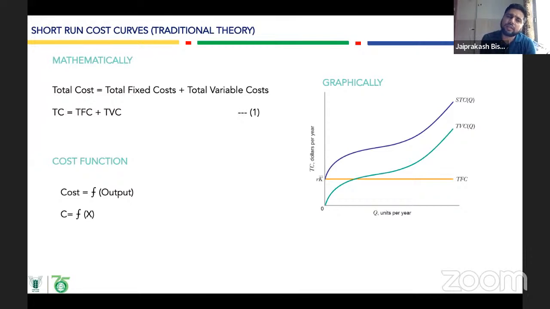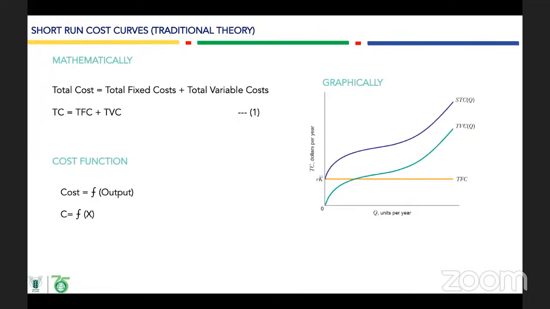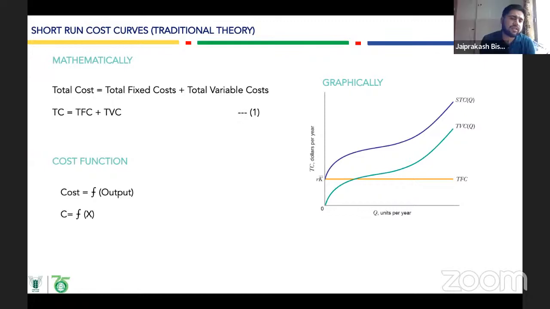Mathematically, it can also be expressed as total cost is equal to total variable cost plus total fixed cost. Fixed cost is the expenditure which an entrepreneur, or farmer, or anyone incurs on fixed assets like machinery, land, or salaries.